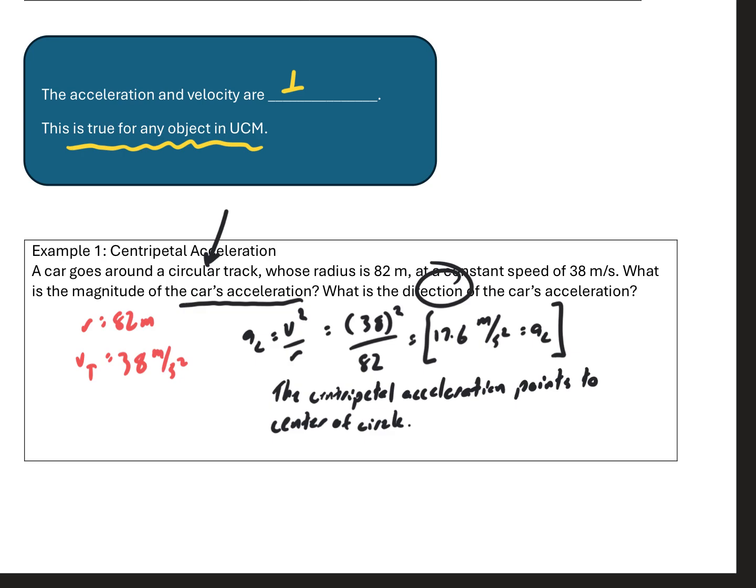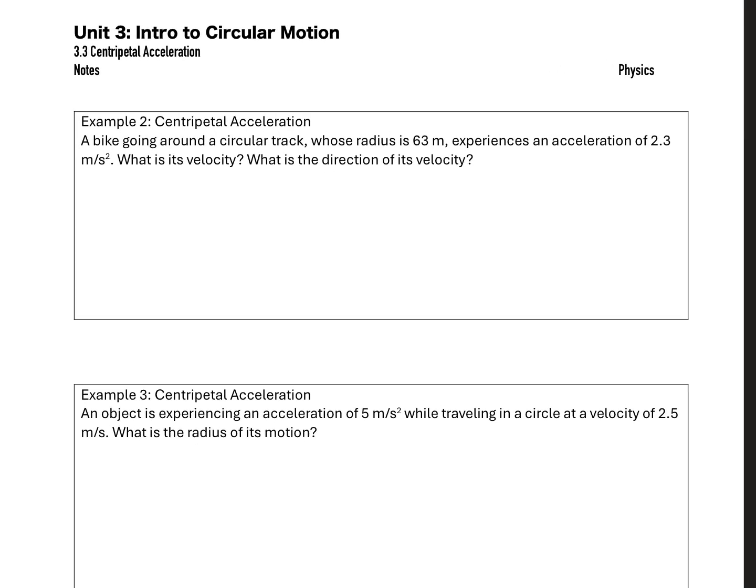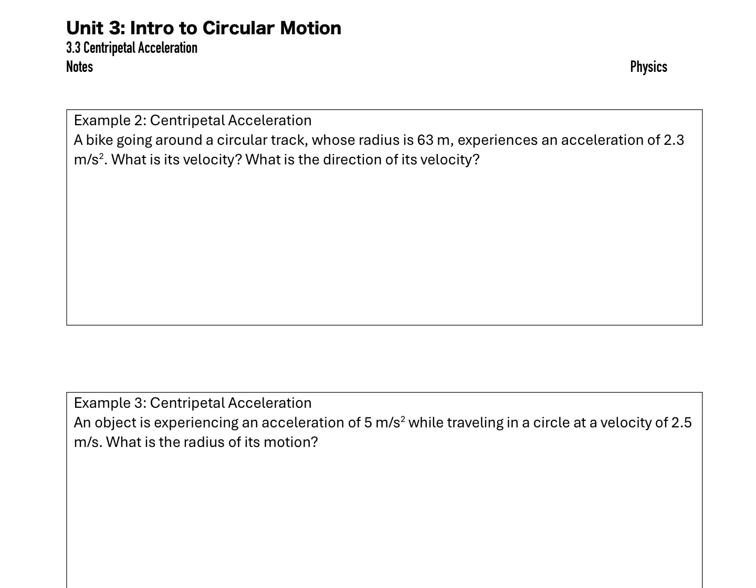All right, last couple of examples. A bike goes around a circular track. I'm given the radius, 63 meters, and here I'm given the centripetal acceleration of 2.3. Looking for the velocity. So just plug in what I know. 2.3 here, v squared there.